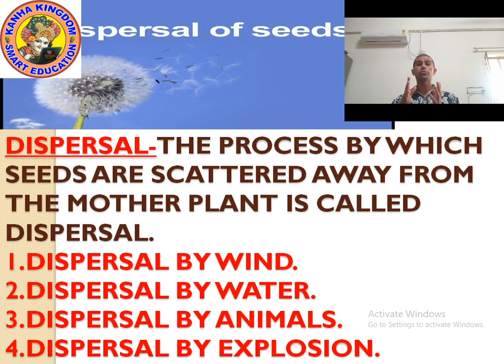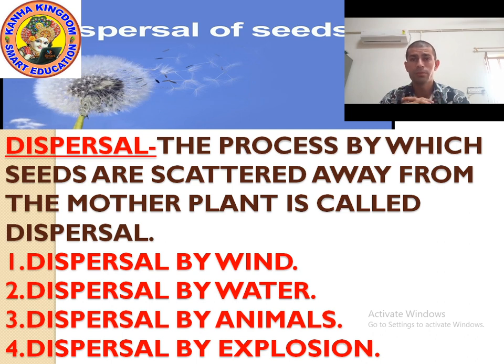So what is the meaning of dispersal? Dispersal means the process by which seeds are scattered away from the mother plant. What is dispersal? The process by which seeds are scattered away from their mother plant.